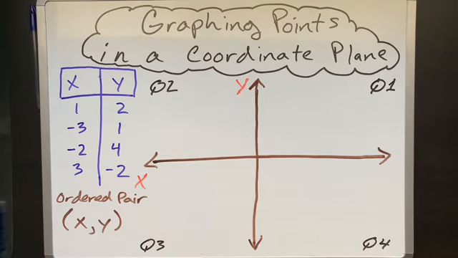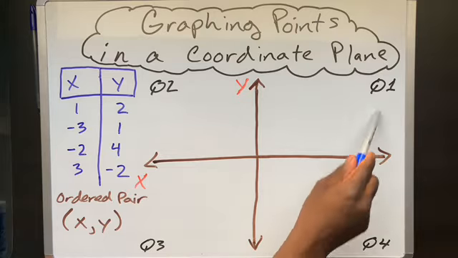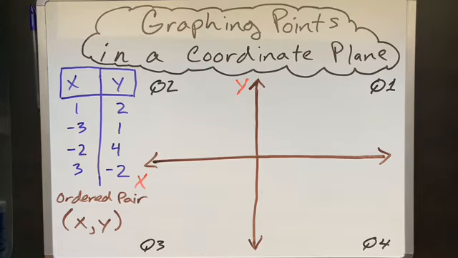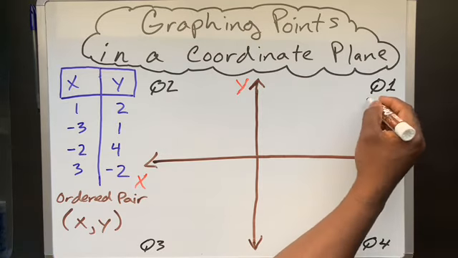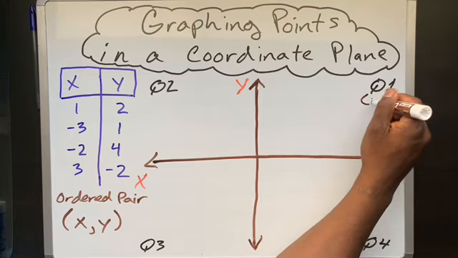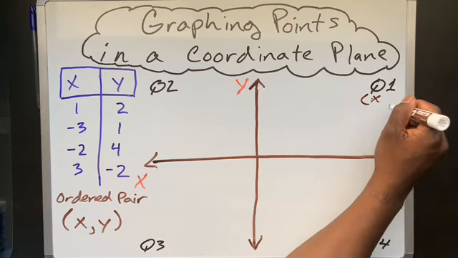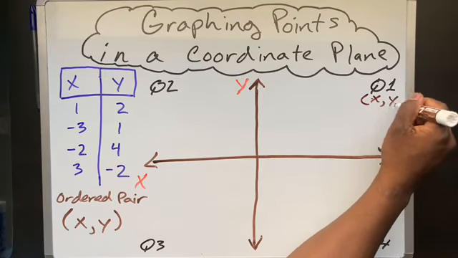Now, the way we move in this ordered pair is based on what we understand about these 4 quadrants. Okay, so let's clarify that. Now, the x and y coordinates in the first quadrant are positive x, positive y.